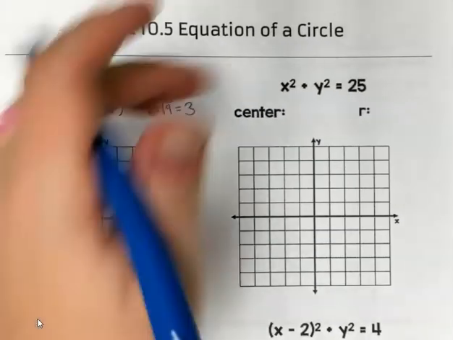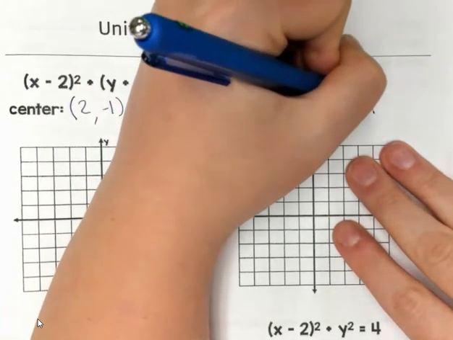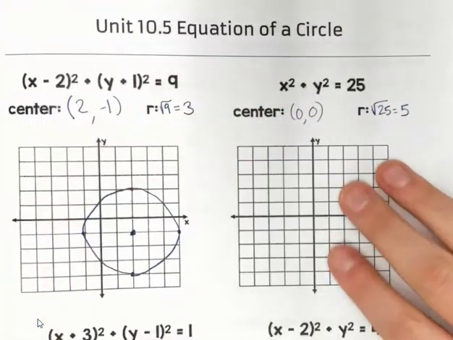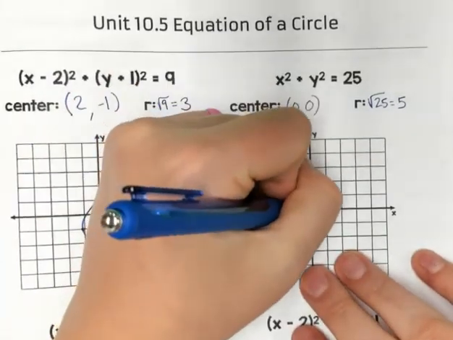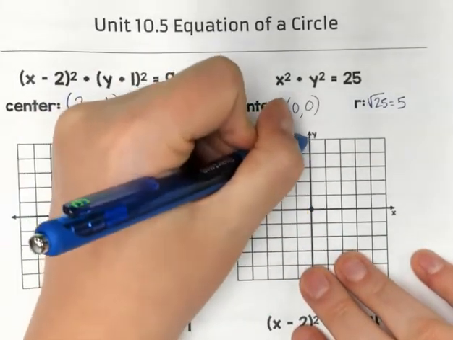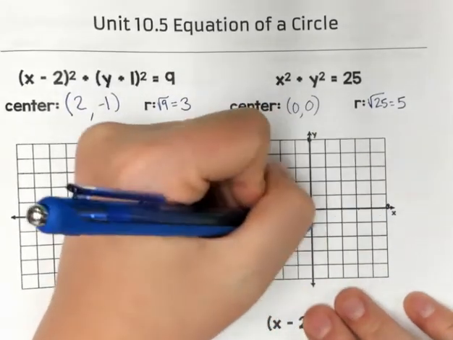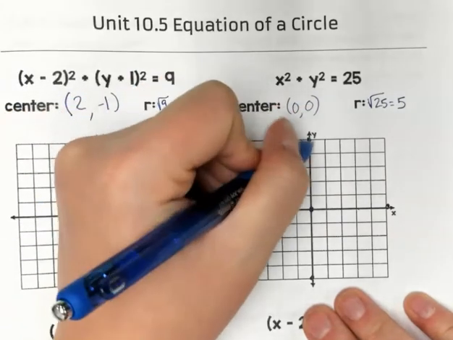And let's do this one. Well, this one's pretty easy. The center is 0, 0. The radius is going to be the square root of 25 or 5. And then when we draw this, center's here, and then we go up 5, over 5, down 5, over 5.